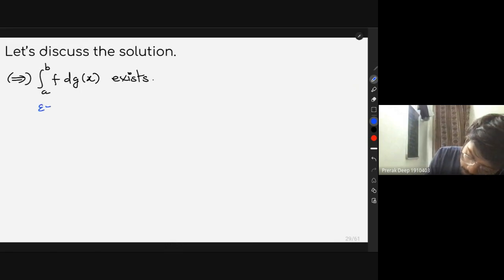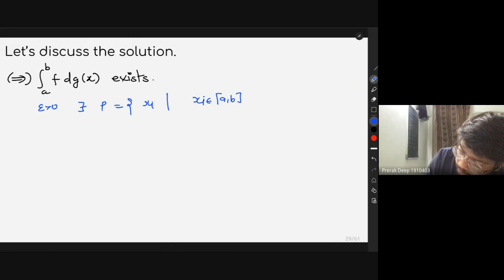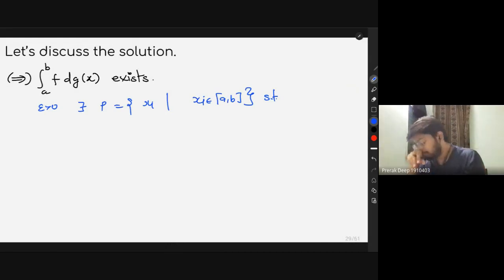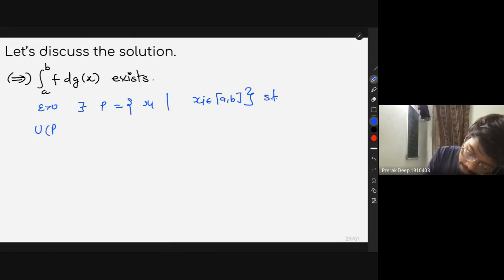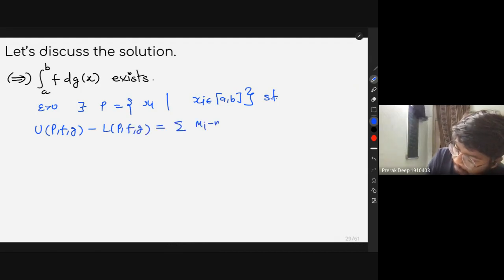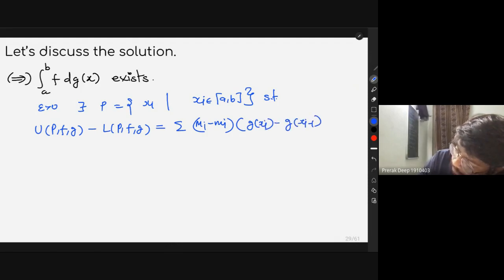That means given any epsilon, there exists a partition x_i between a and b such that U(P,f,g) minus L(P,f,g), which is nothing but the sum of (M_i minus m_i) times (g(x_i) minus g(x_{i-1})), from 1 to n, is smaller than epsilon. Correct?